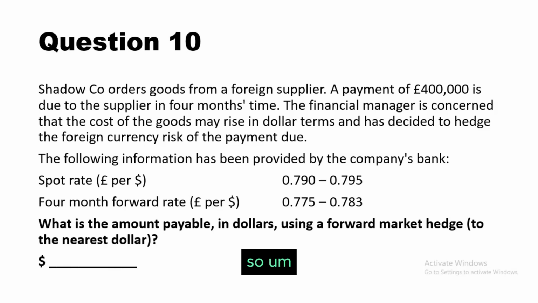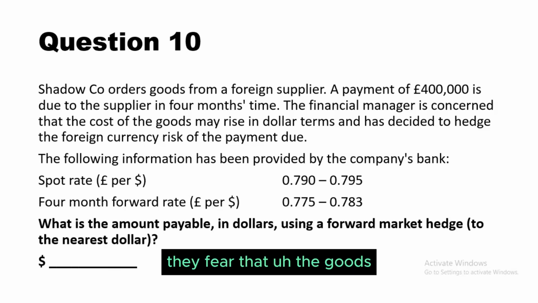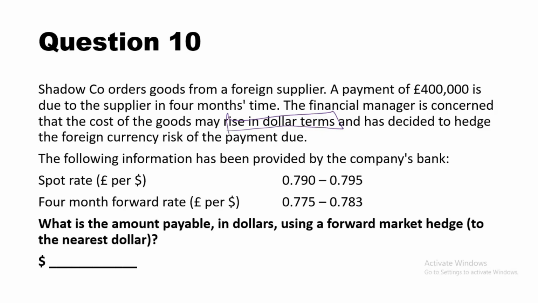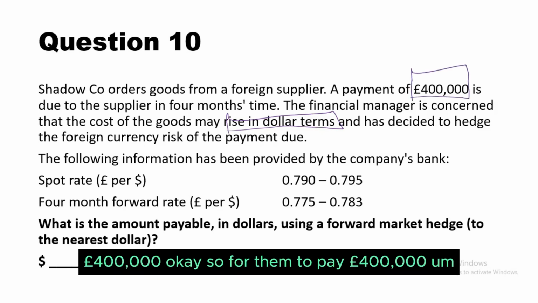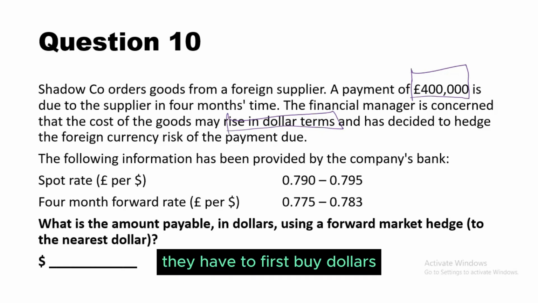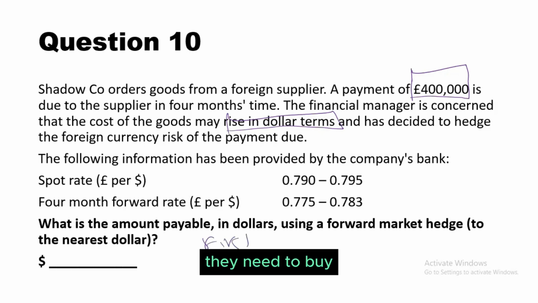Okay, so they fear that the cost of goods may rise in dollar terms. However, they want to pay 400,000 pounds. So for them to pay 400,000 pounds, they have to first buy dollars.